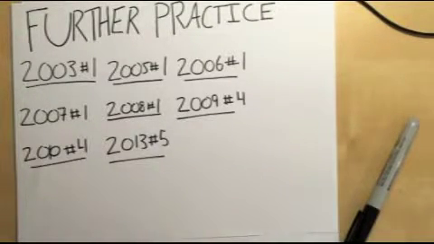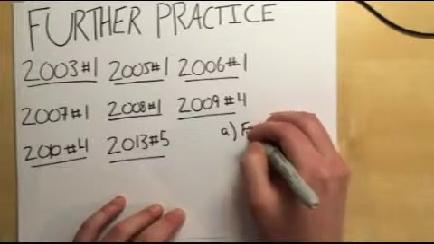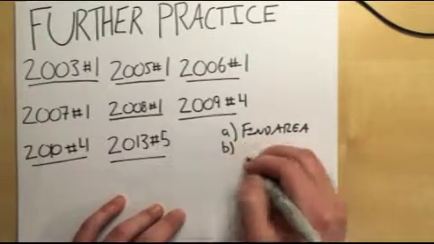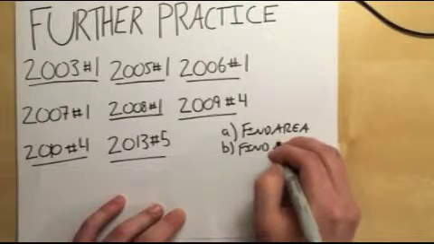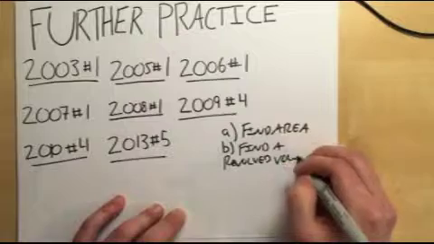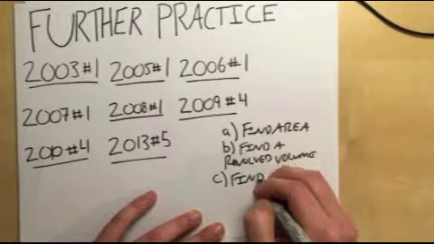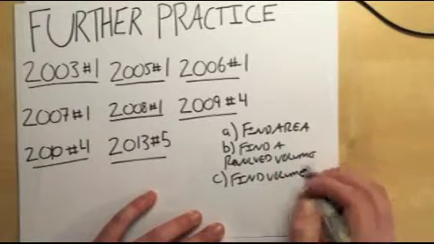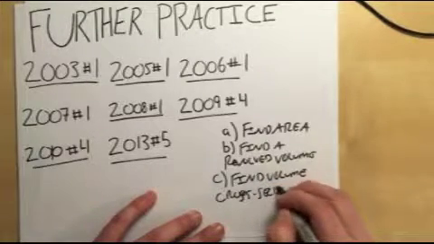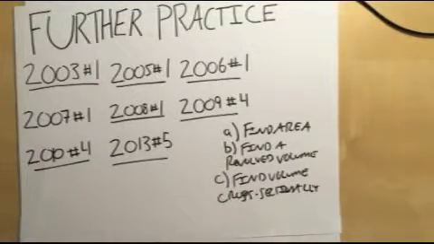They're all in the form of A, find area, B, find a revolved volume, and C, just like in this problem, find volume cross-sectionally, because those are the most common ways to use this type of problem, and it is a very diverse set.